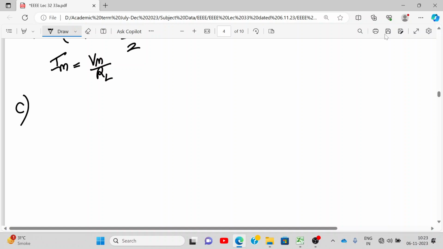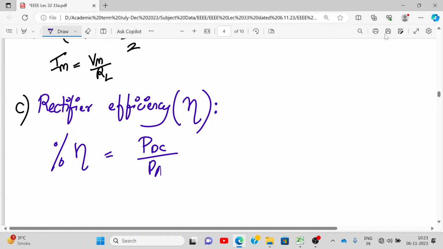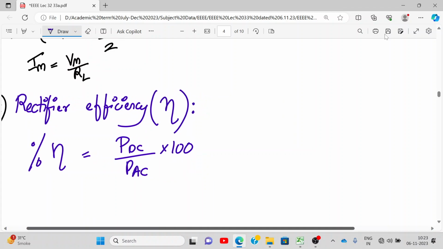So listen carefully. What do you mean by rectification efficiency or rectifier efficiency? It is denoted by the Greek letter eta. So percentage eta will be DC power upon AC power into 100. So how do you define rectification efficiency?